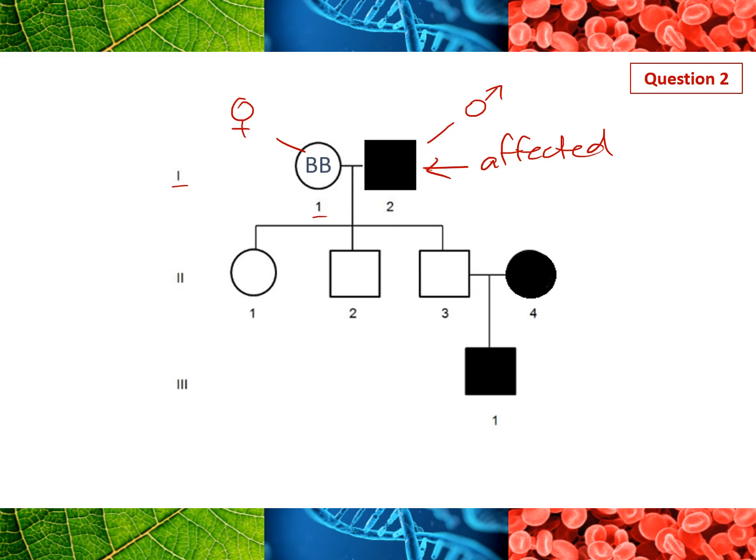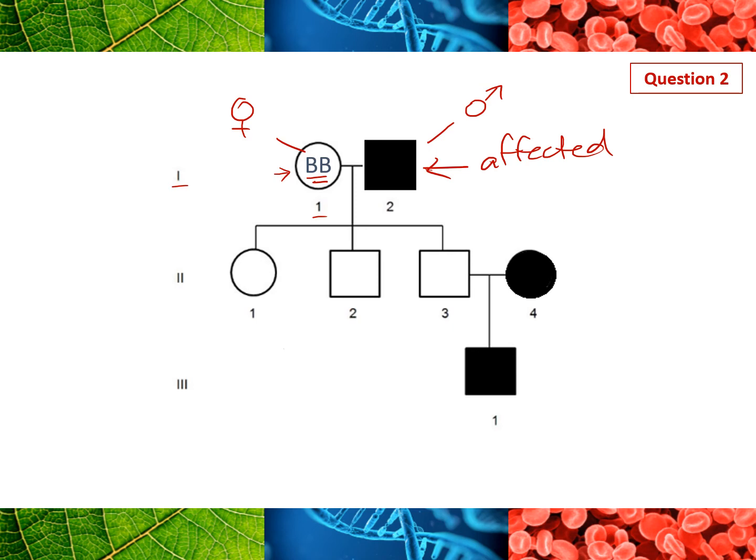You could describe the phenotypes of each of these individuals, and that's something in one of the questions that I want you to do. Other things that we could figure out from this, I've given the genotype of this individual. Okay, so individual 1-1 is homozygous dominant.